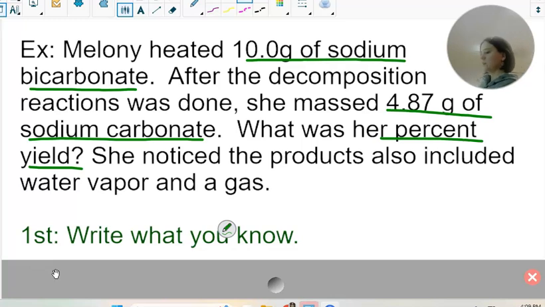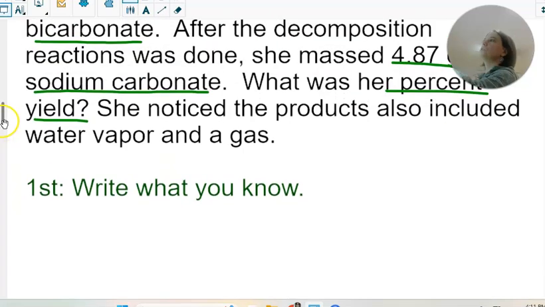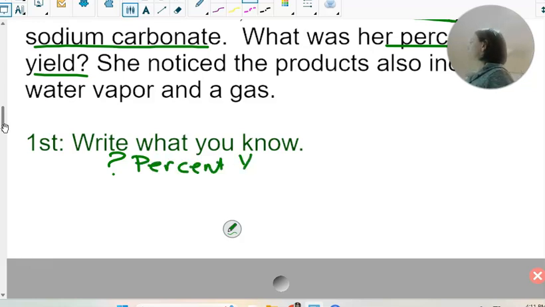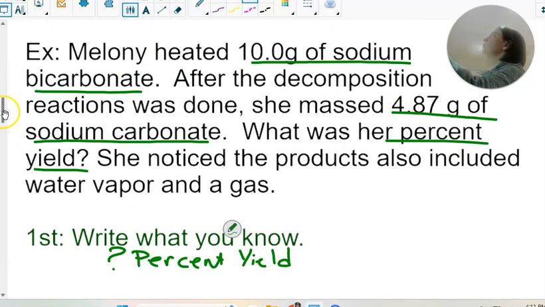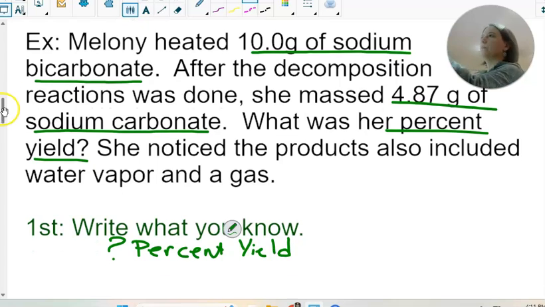All right, so we're going to write down what we know. Okay, what do we know? We know we're trying to find percent yield. And then, what else do we know? We know we have 10 grams of sodium bicarbonate.